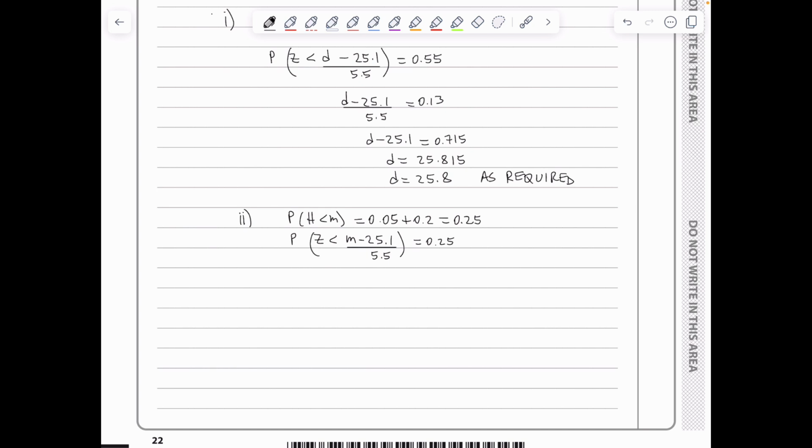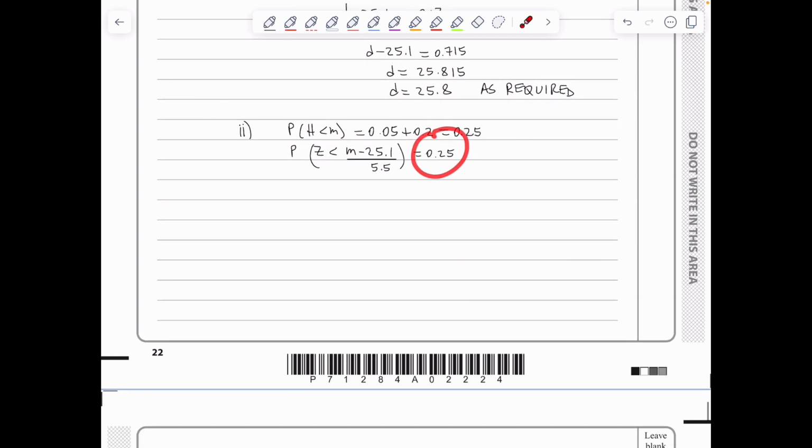Now remember that the table of values for the normal distribution is only giving you probabilities which are greater than 0.5. So to make this greater than 0.5, I will write this as the probability of Z less than (25.1 minus M) over 5.5 is equal to 0.75, so 1 minus the probability.